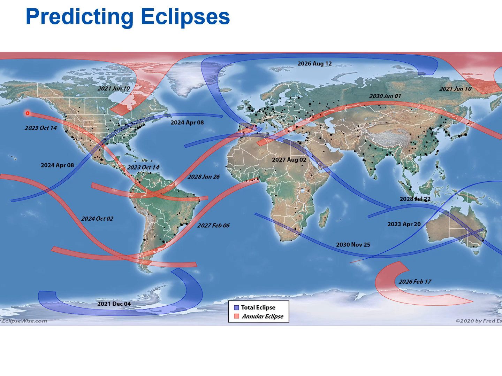So we had one in October 2023, October 14th, and we got to see some of that in Porterville. And then April 8th, 2024, one crossed through North America. And the projections on this particular map don't show anymore in North America. I think there's one coming through North America again in about 20 years, something like the year 2044.